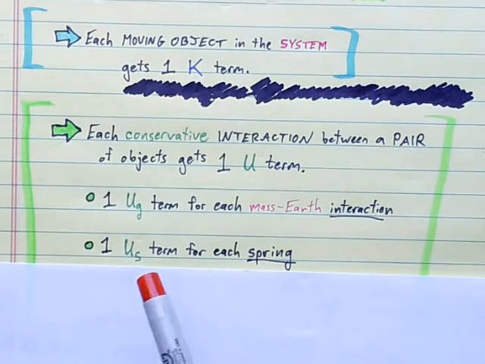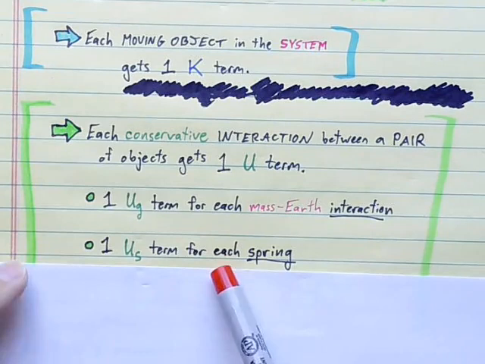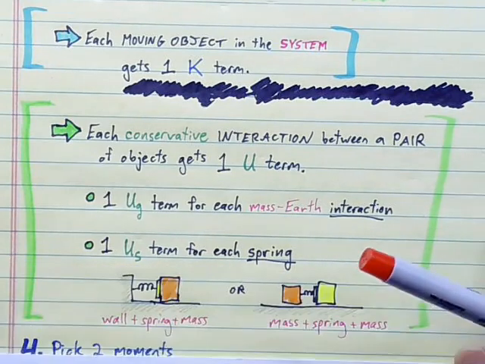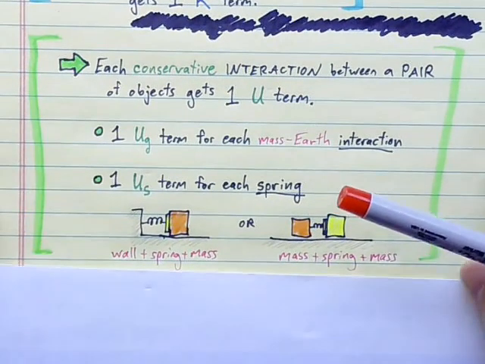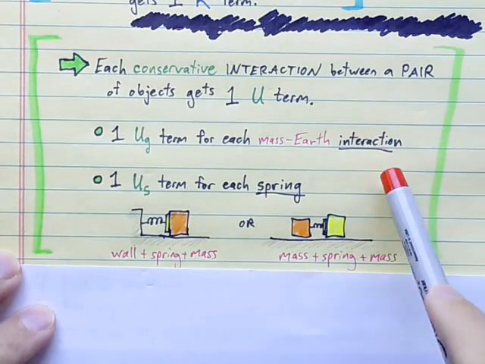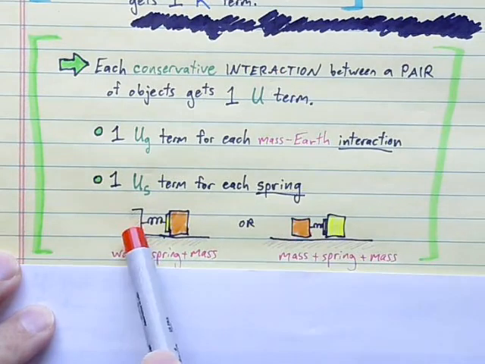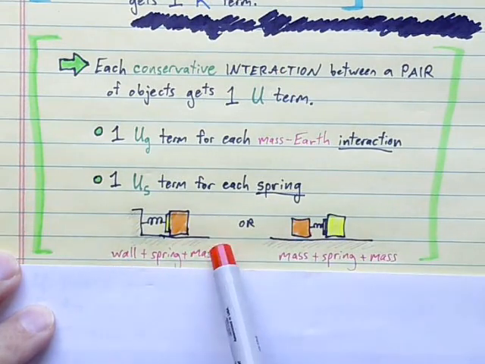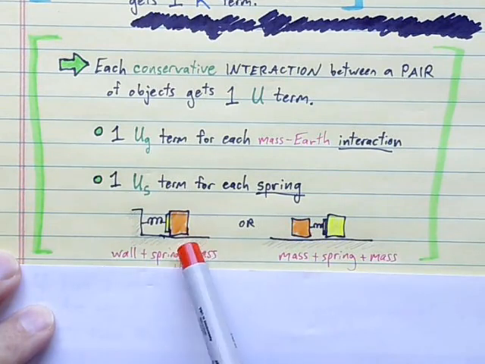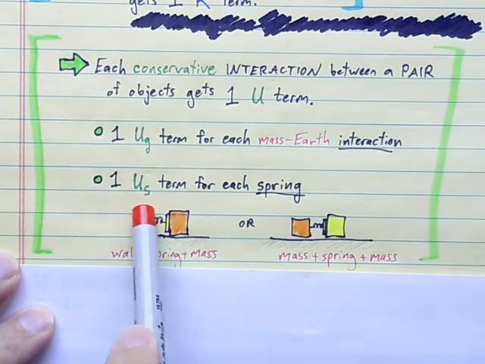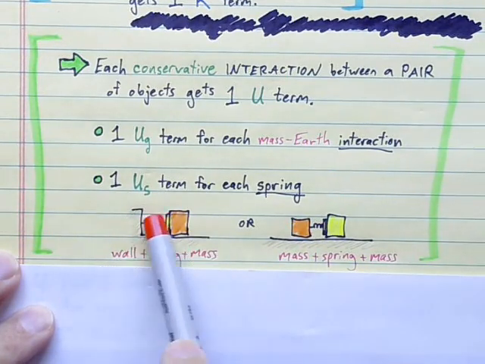And there will be 1 spring potential energy term for each spring that is present. So it could be a spring representing an interaction between the wall and this mass, so wall plus spring plus mass. That interaction can store energy, and there'll be 1 US term for the potential energy stored here.